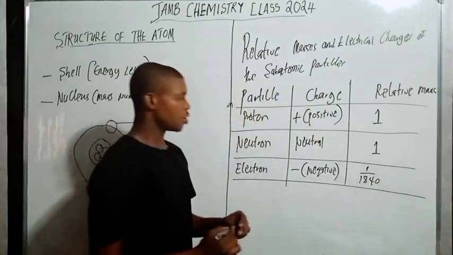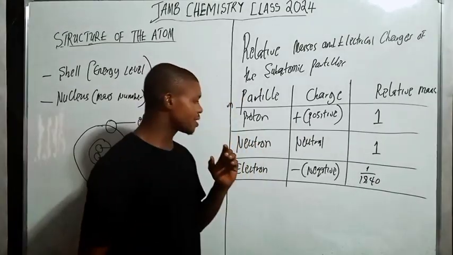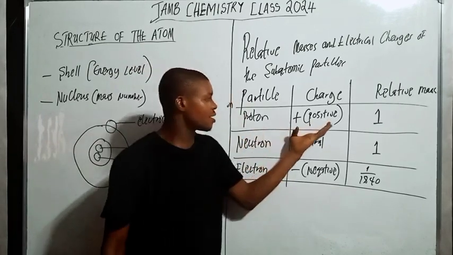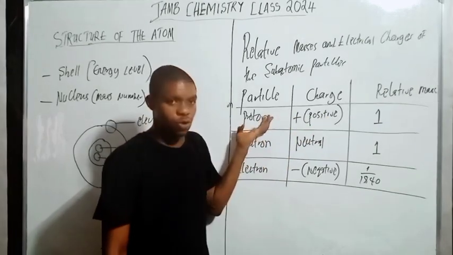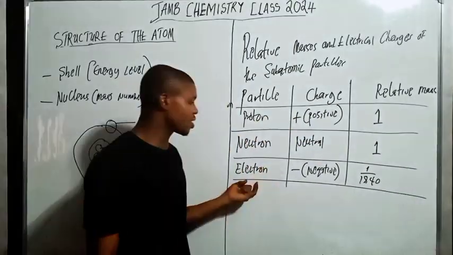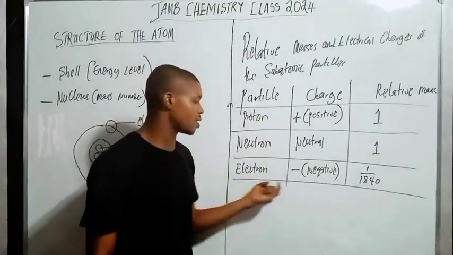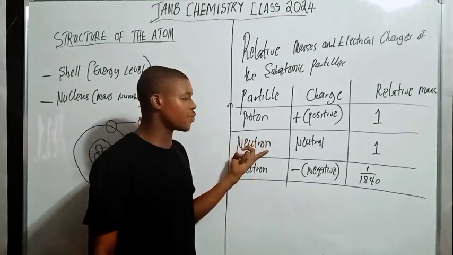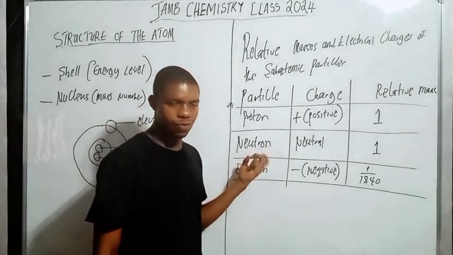1/1840. Do you understand? So the positive charge of the atom is the proton, while the negative charge of the atom is the electron. Then the neutral part of the atom is the neutron.